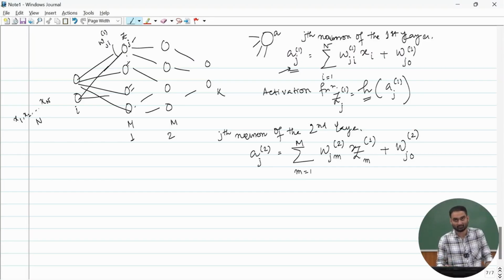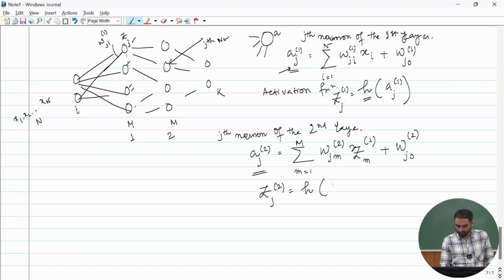Okay, this is very, very important. Try to memorize the notation if possible. So this is the pre-activation output for the jth neuron of the second layer, right? Let's say this is the jth neuron. The Z, the post-activation, the activation output will be H of AJ2, right?